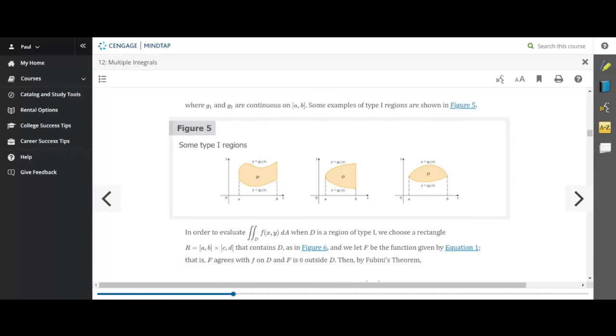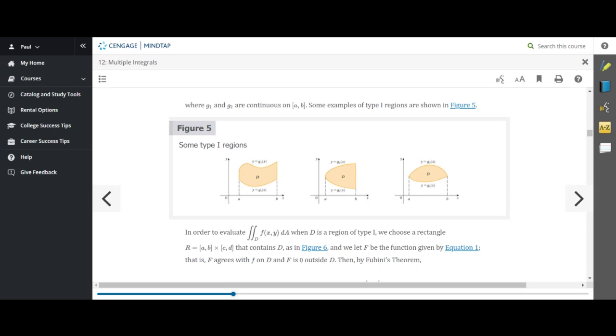Type 1 regions are where you have a region D in the xy plane, like you see there on the left, the left picture in figure 1. The x limits are a and b, and you're bounded above by the function g2 of x, and bounded below by the function g1 of x.